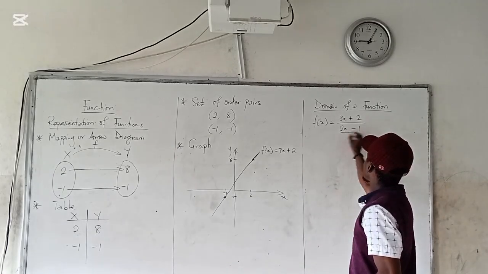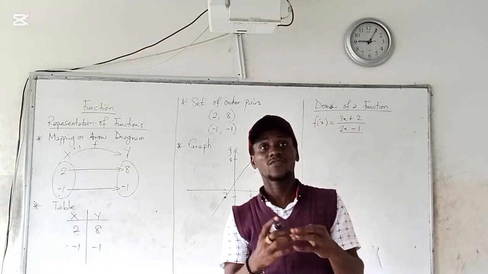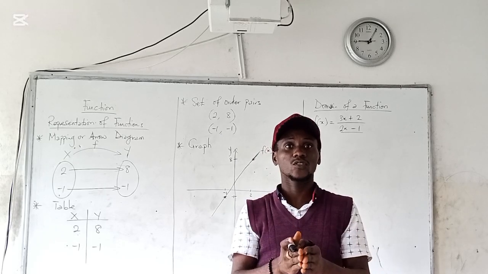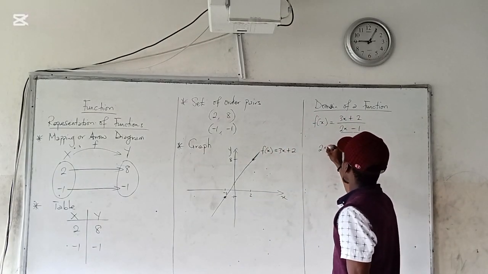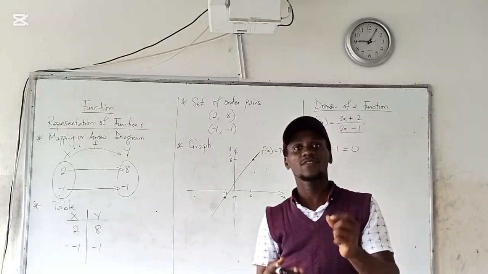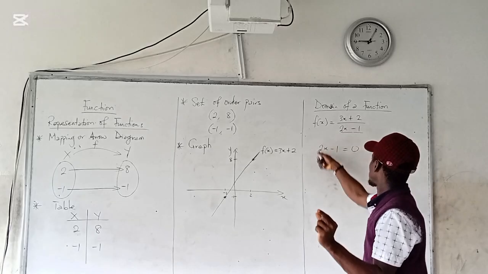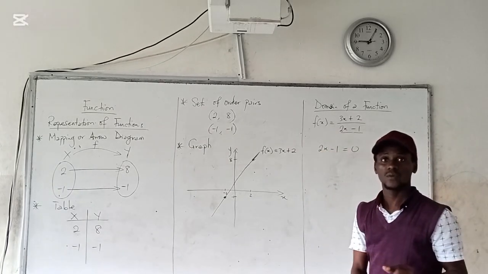What you do is take the denominator of your function. Remember, this has to do with rational functions now. So, take the denominator, 2x minus 1, and equate it to 0, and find the value of x that will make this expression 0.